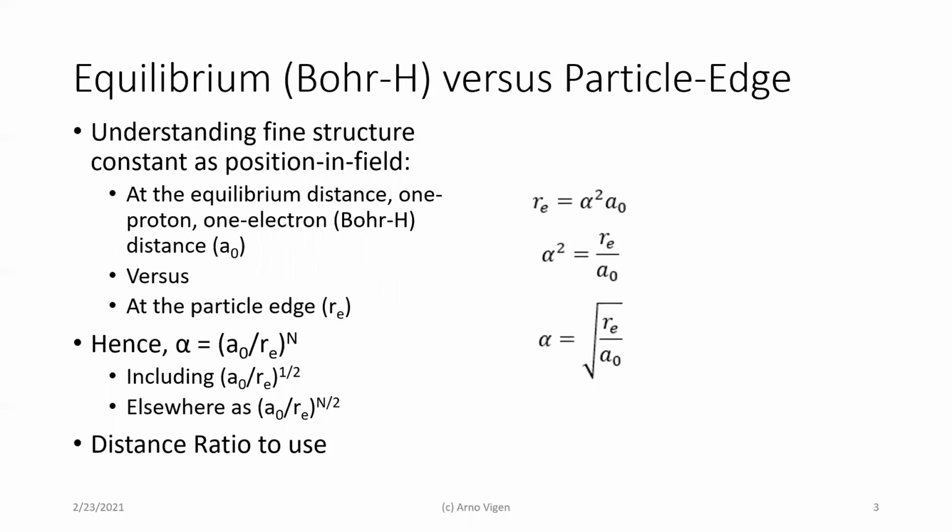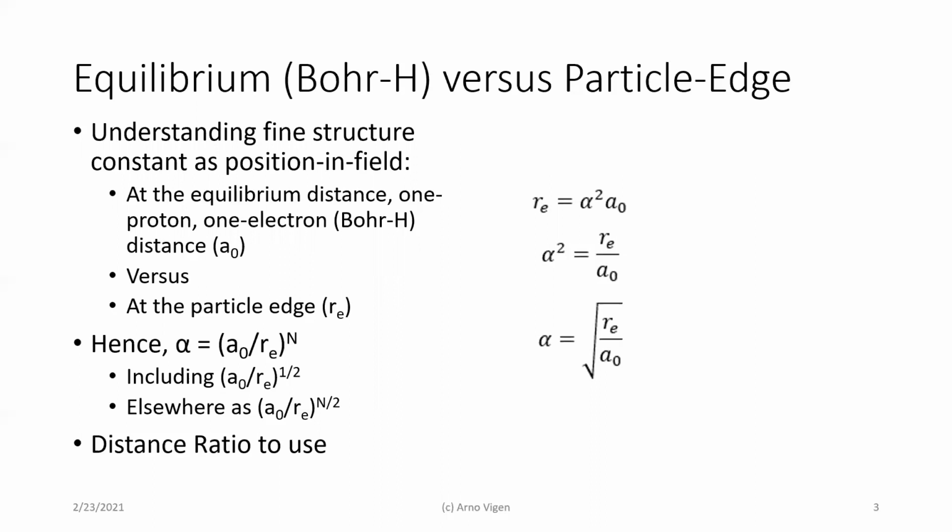However, my presentations will never use that because I want to know actual distances and the ratios, because I need to know where the particles are within the appropriate field. As such, I will always use the form A sub O over R sub E to the power n, including the power 1/2, which is the ratio you see to the right.